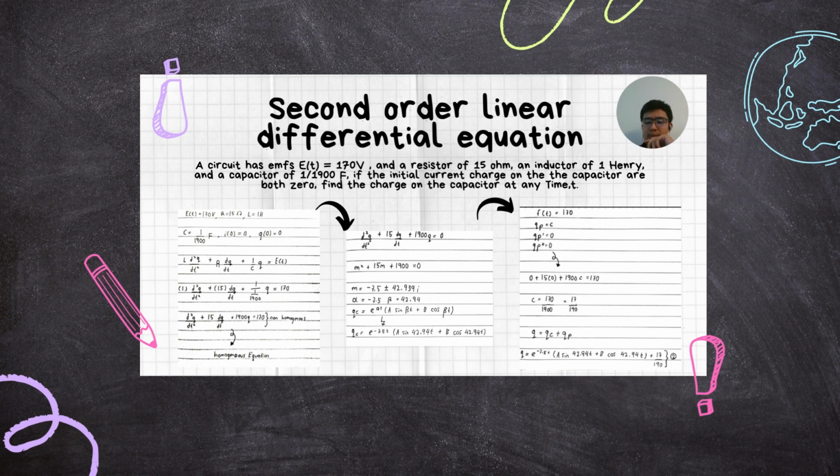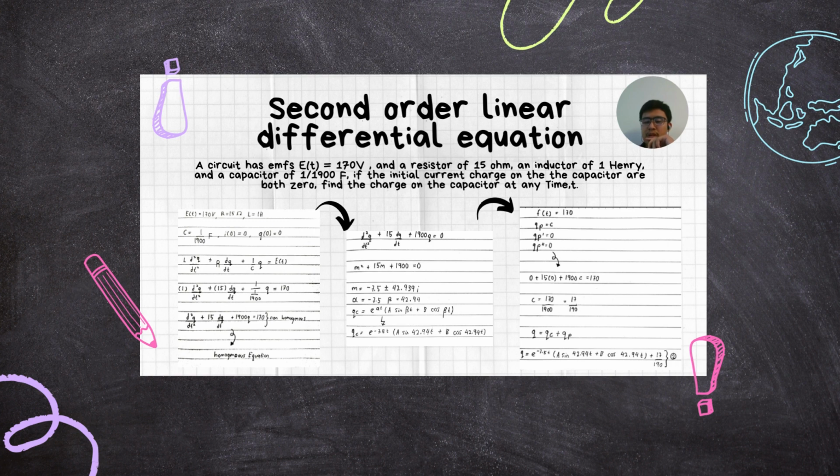For the second order we have 0, and for the first order we also have 0, so 1900 times c equals 170. So we solve this equation and we have c equal to 17 over 190.